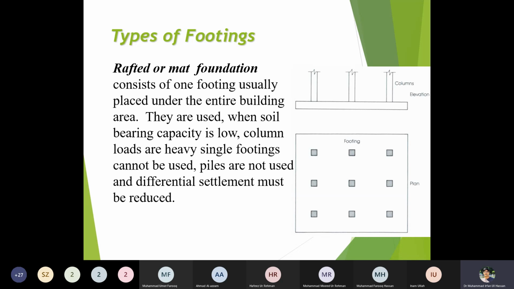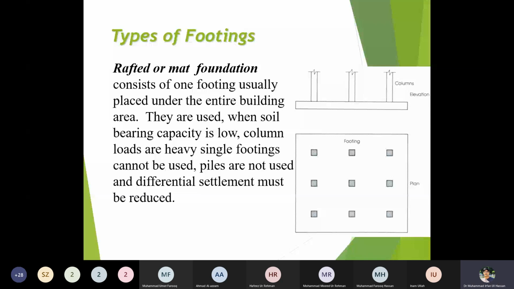This footing is very common for the multi-story building, because the load is quite heavy and all the load is to be transferred to the soil. The soil may be weaker, because the area of the isolated footing is very large, and even for the continuous beam, the width of the footing is coming out to be very large. You can say, okay, no problem, you can just join all the footings, because making a raft is easy. You can make a raft in one go.